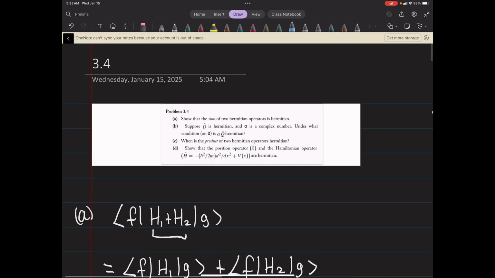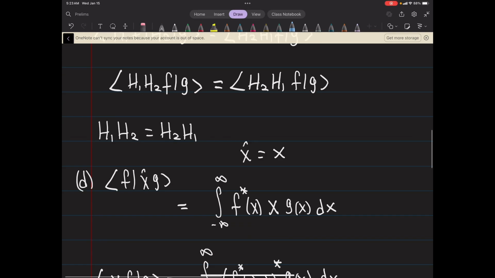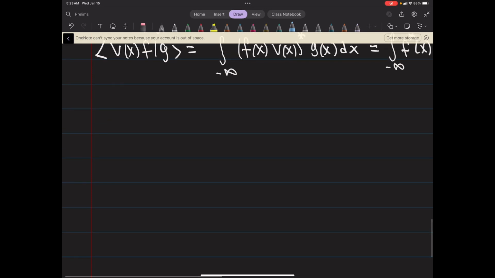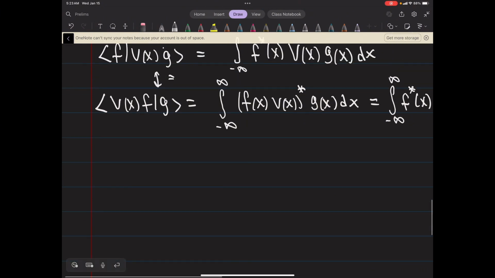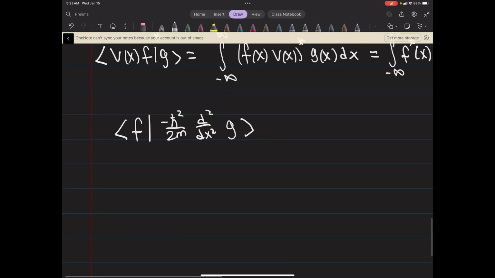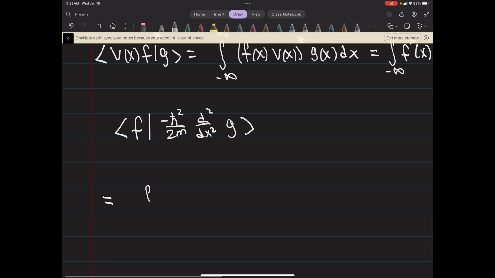Okay, so now what we're going to do, and then we're going to have your minus h bar squared over 2m second derivative, like that. So this will be equal to the following integral. First off, we can pull these out of the integral because they're just constants.